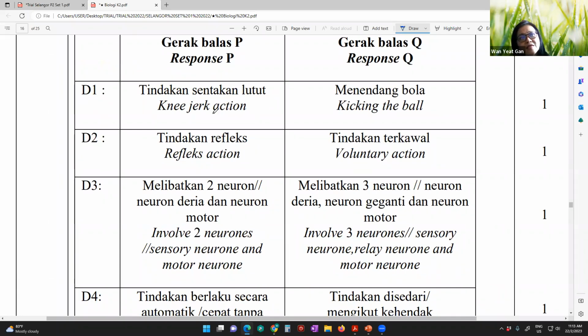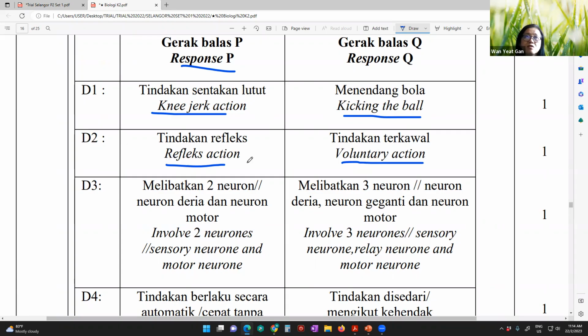So from here, you can see P, name the response first. P is knee-jerk, Q is the kicking of the ball. Knee-jerk is actually a reflex action, and kicking of a ball is actually voluntary.